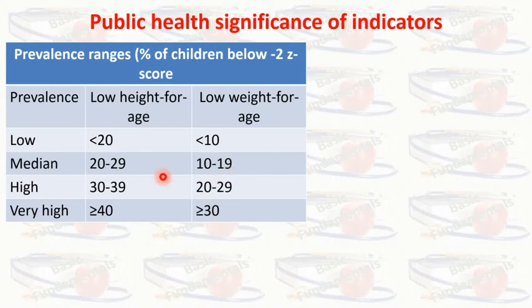As wasting is a measure of acute undernutrition that has significant negative health consequences. So if these are less than 20 and less than 10 prevalence in a population, then it seems to be normal. But if it exceeds, then we say that the problem is at a medium level or high level, at a very critical stage.